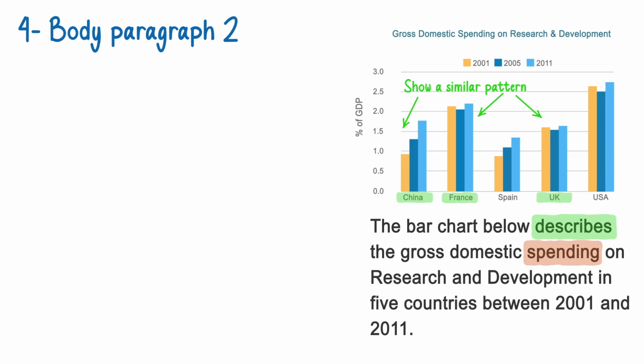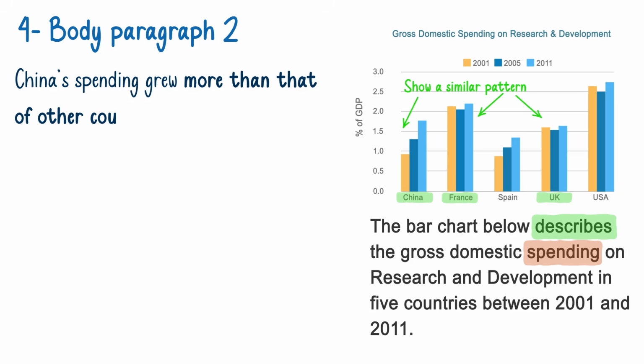Now let's start writing our second body paragraph. China's spending grew more than that of other countries. This information is very important. Why? Because the degree of increase was more than the other countries. And as you can see, in China that's definitely true.